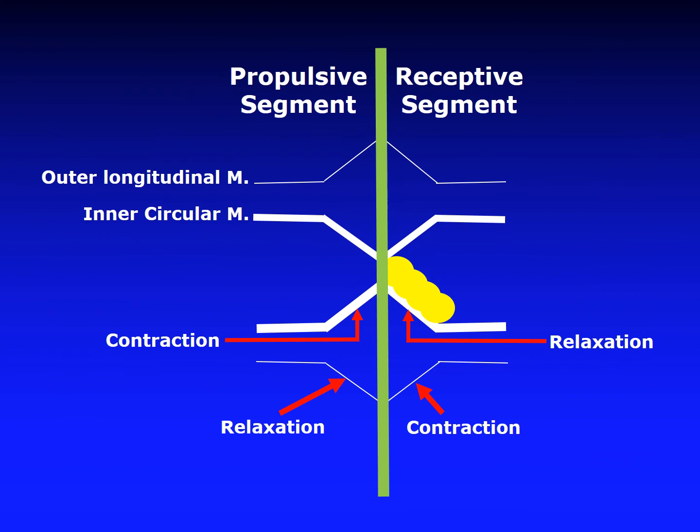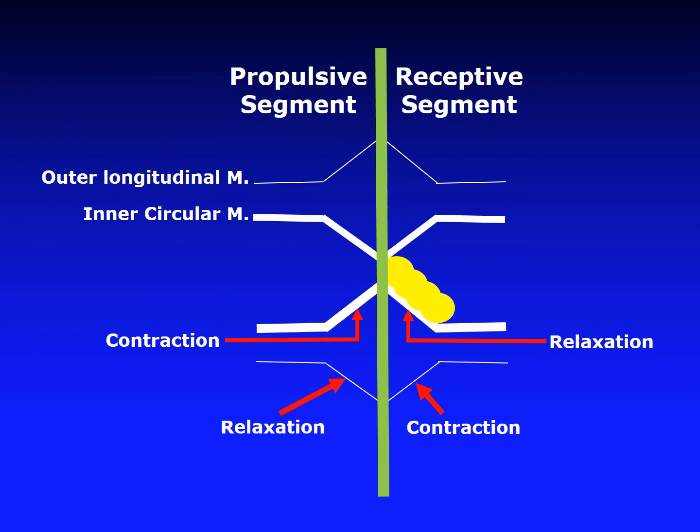This is the slide where I mentioned that at any given point, which is denoted by the long vertical line in this picture, it separates the two segments from each other: propulsive segment from the receiving or the receptive segment.